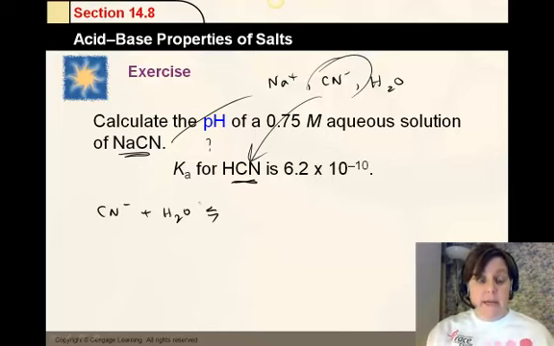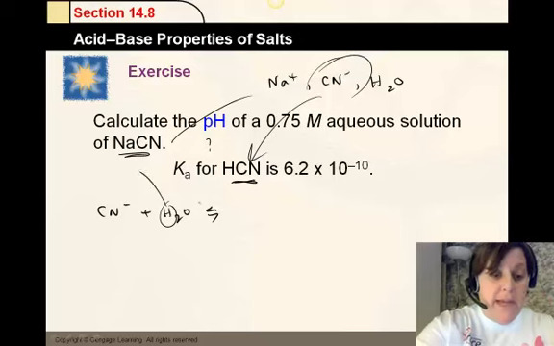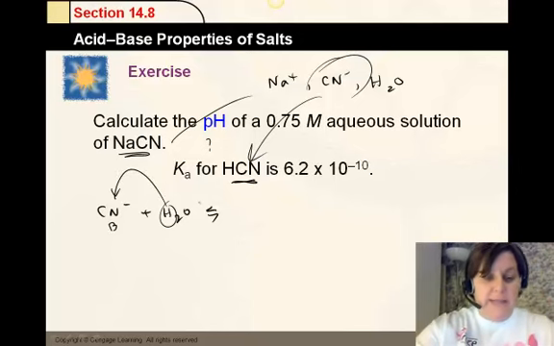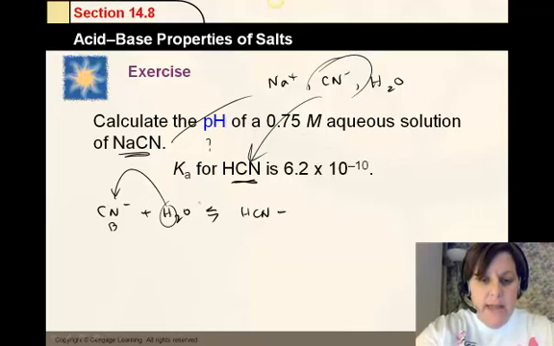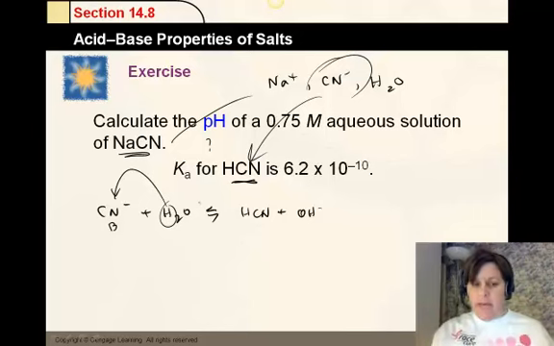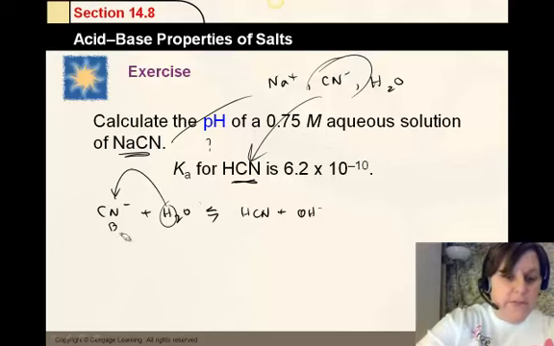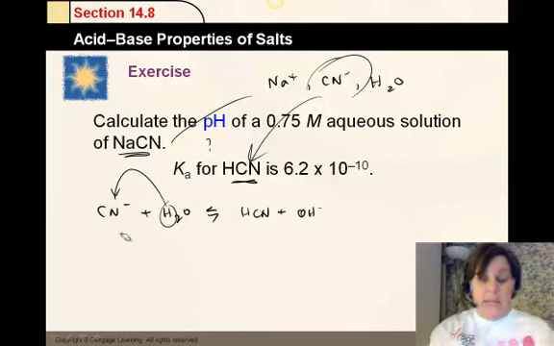It doesn't have any. So therefore, the only thing I can really do is make it act like a base. And that would give me HCN and OH negative, which is fine. We can do that. And if we do that, well, we're going to figure out the pH.